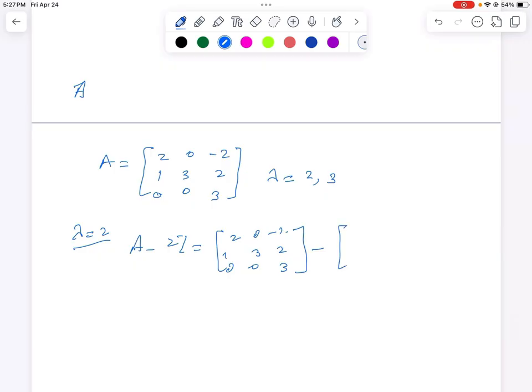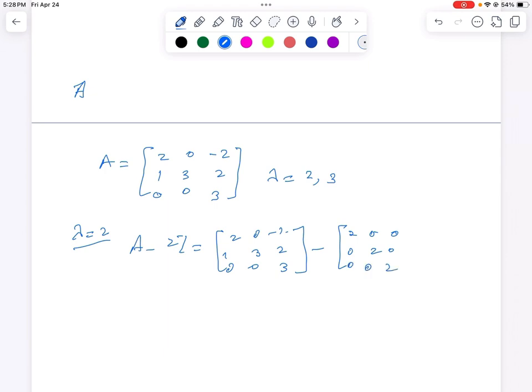The identity matrix has non-zero entries on the diagonal, each entry is 1. When we multiply it by 2, we get 2, 0, 0, 0, 2, 0, 0, 0, 2.